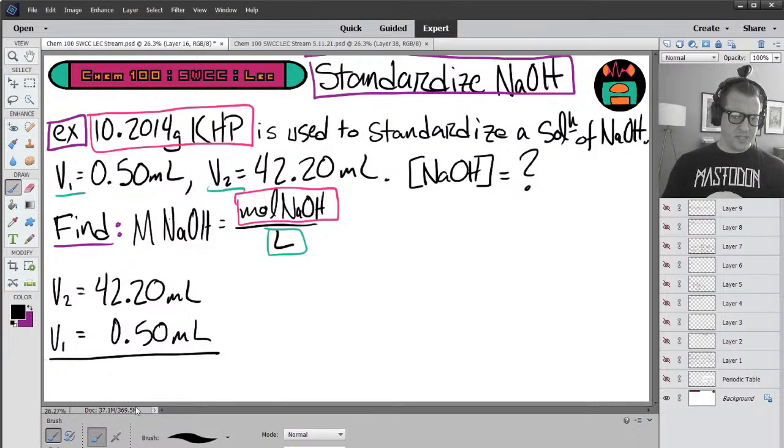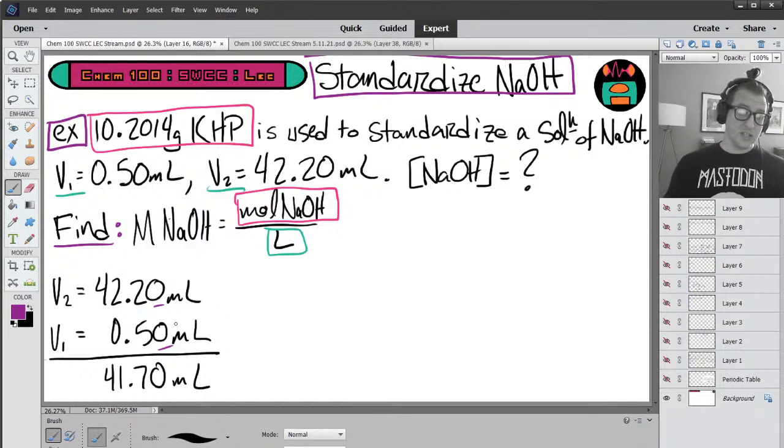You're going to get 41 something. Yep, 41.70. We have to keep that 0 there because sig figs wise, both of these numbers have their last significant digit in the second decimal place. So we have to have our last significant digit there. So 41.7 would be incorrect.